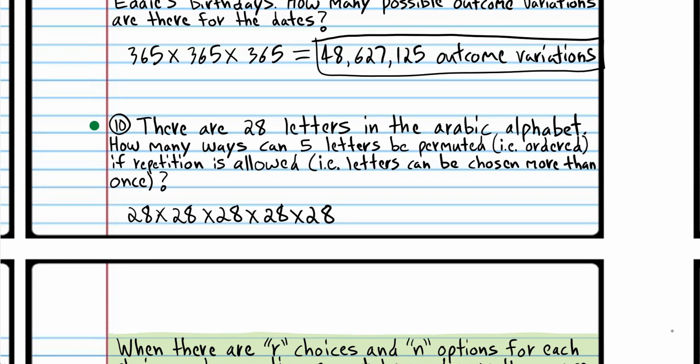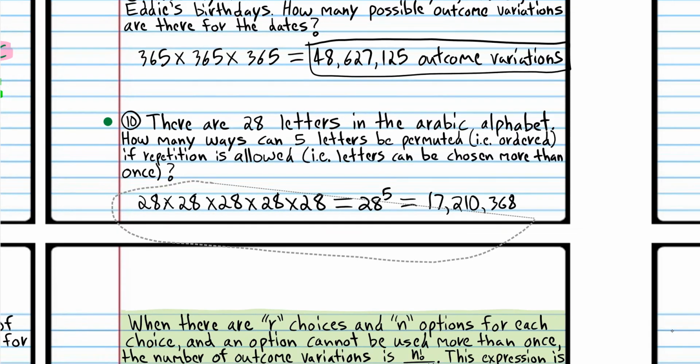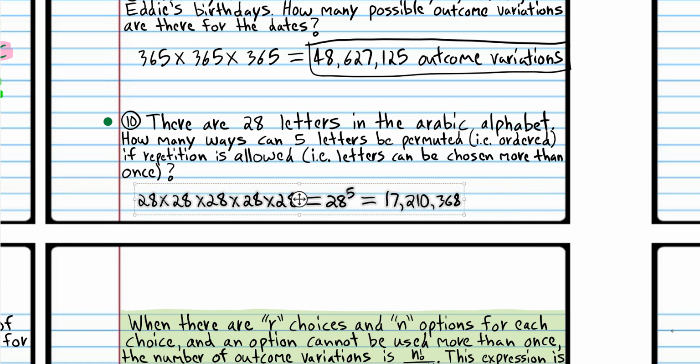Because we're going to choose 5 letters. So we have 28 to the 5th power. And don't be afraid to use your calculator. 28 to the 5th power is 17,210,368.